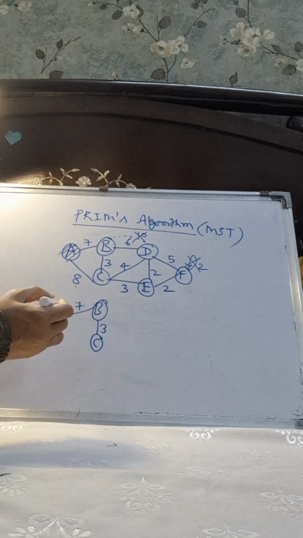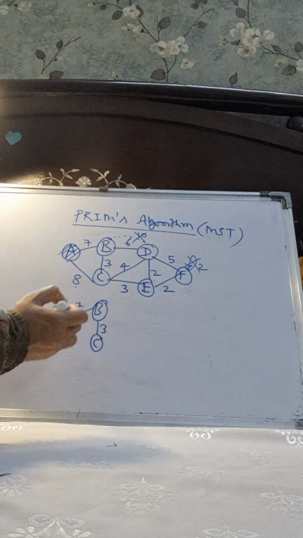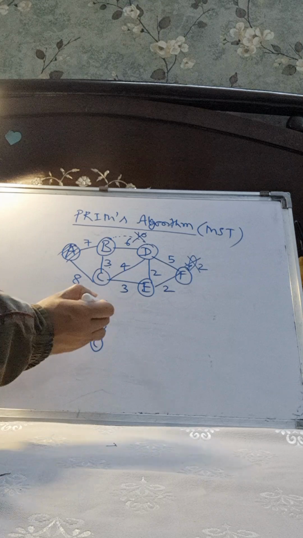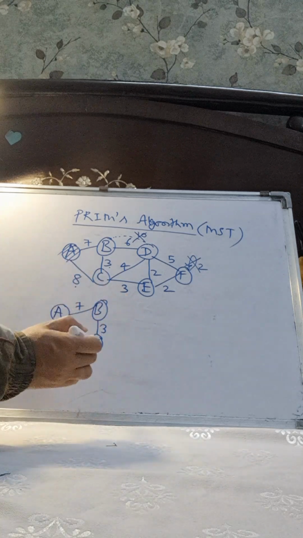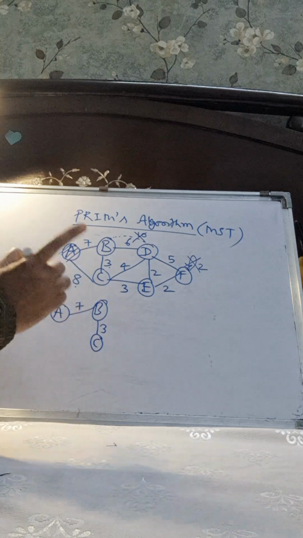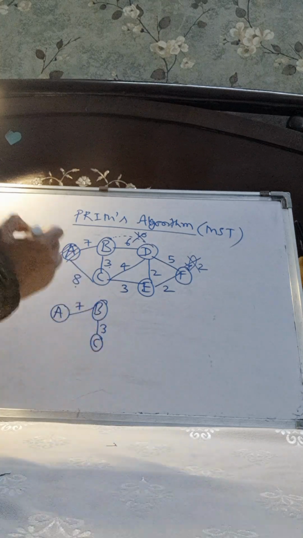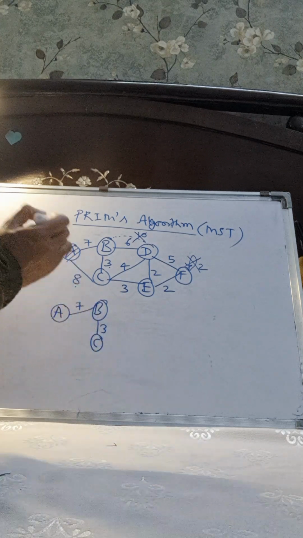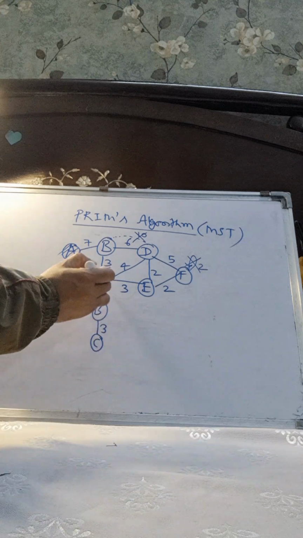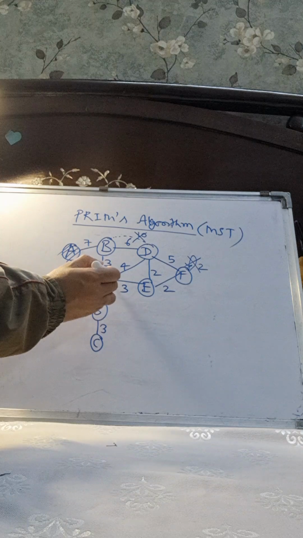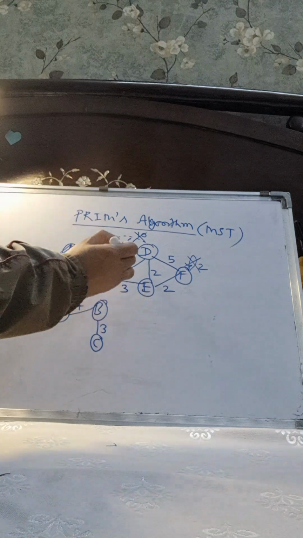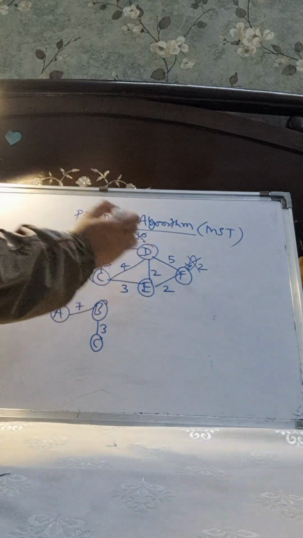Now again the same process: starting from A, B and C, what are the costs of the edges from these three vertices? We always select the minimum one. 8 is still available. From C, we have cost 4 and cost 3, and from B we are left with 6.